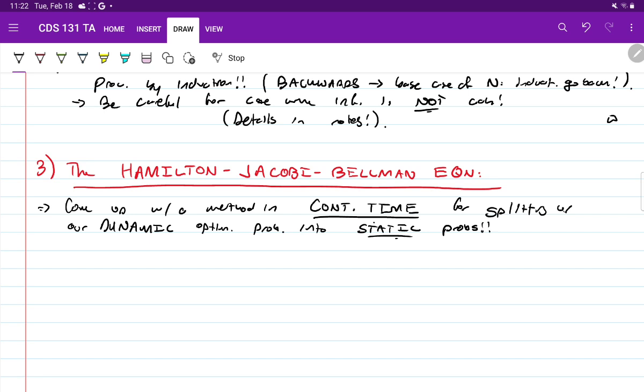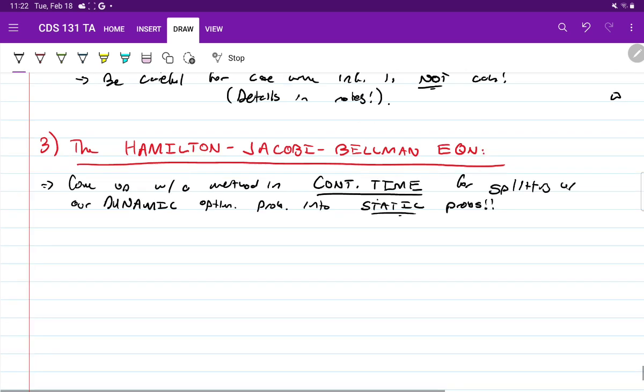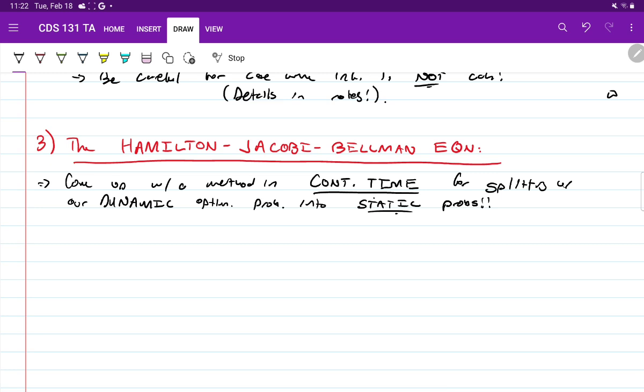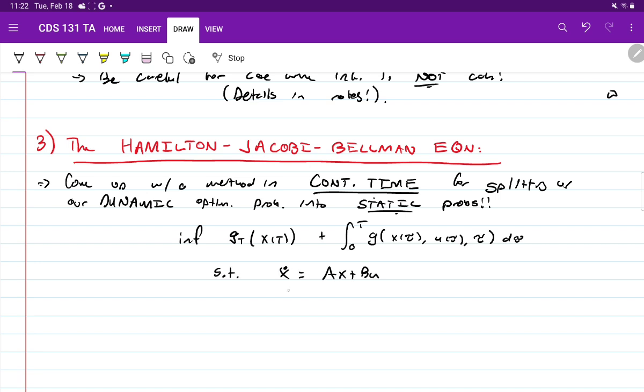Now this is especially difficult in the continuous time case. Let's rewrite what this continuous time optimal control problem was. Roughly, the cost is the inf of g of x of t plus the integral from 0 to t of g of x of tau, u of tau, tau d tau, such that x dot equals Ax plus Bu, and x of 0 equals x naught.